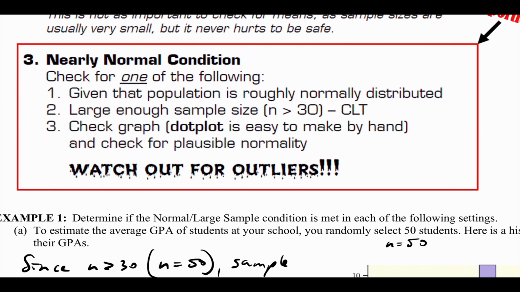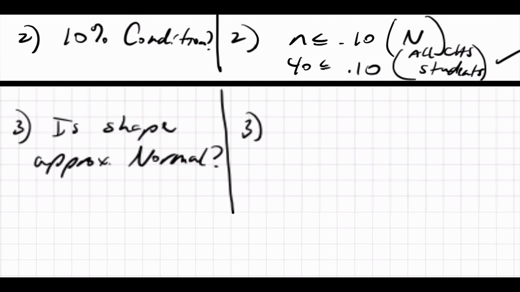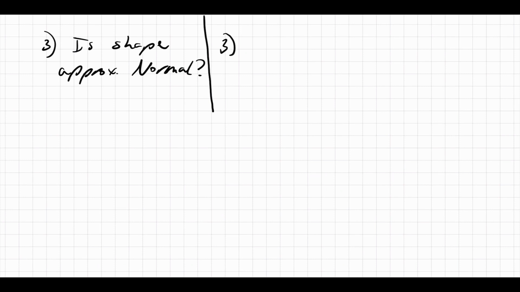Nothing in the question about that, right? Nothing was said about the GPAs being normally distributed. Sample size is large enough. Well, yeah, we had a sample size of 40, so I think number 2 is going to be our condition check here.